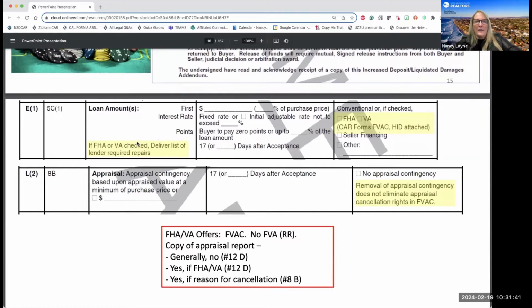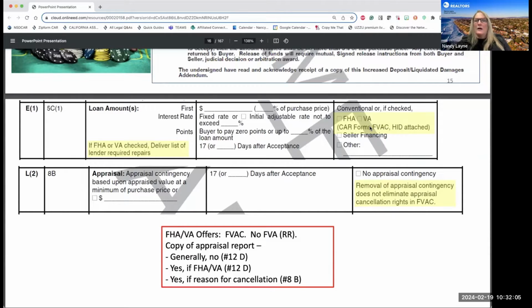So if you have an FHA or VA loan, though, you have some separate rules that go along with those loans. They're different than a conventional loan in the requirements, both on the buyer and the seller. So the buyer is more protected with an FHA and VA loan.